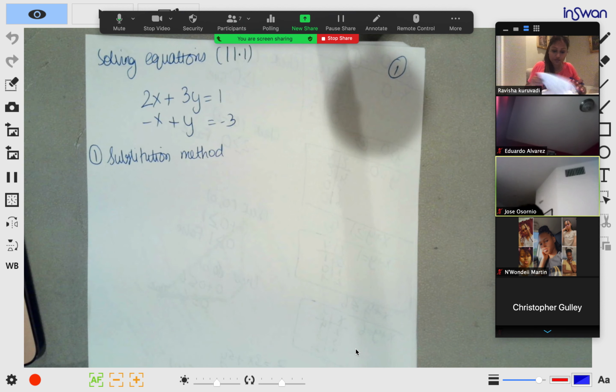So if you want to write the steps for the substitution method, the steps are as follows.